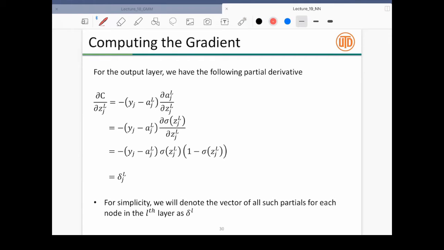Just for completeness, recall that for a given example, C of W, b, X was actually equal to (y minus A of W, b, X) squared.